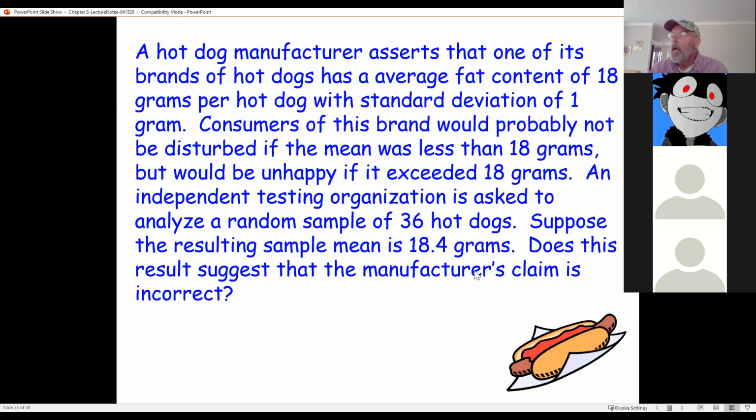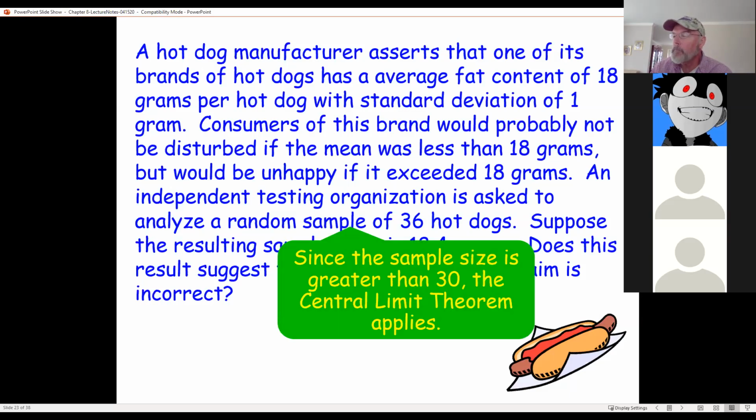And of course, the sample mean of 18.4 sounds like it might be a little high. So let's go ahead and start working with this problem. Since the sample size is greater than 30, it follows the central limit theorem.